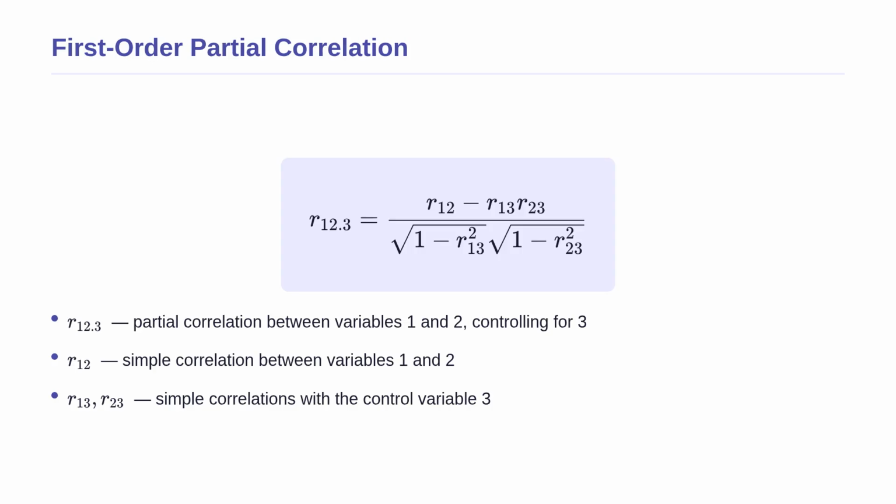This brings us to the formula for first-order partial correlation. This formula calculates the correlation between variable 1 and variable 2 while keeping variable 3 constant. The term R12 is the raw, simple correlation between the first two variables. The terms R13 and R23 are their correlations with the control variable.